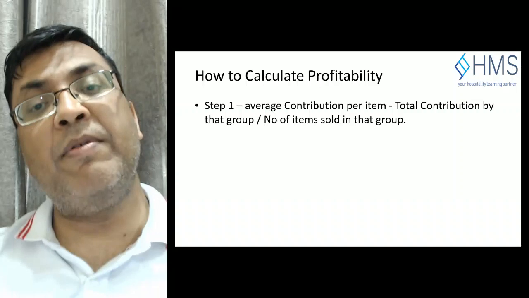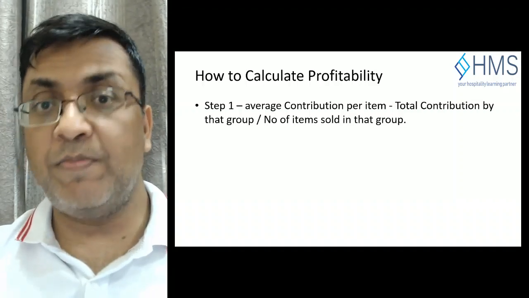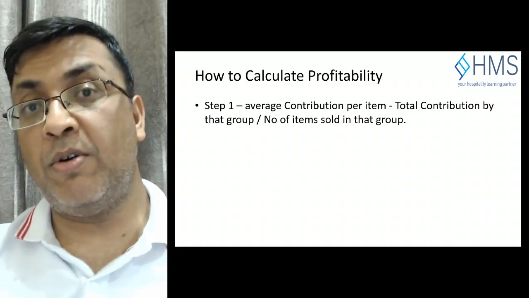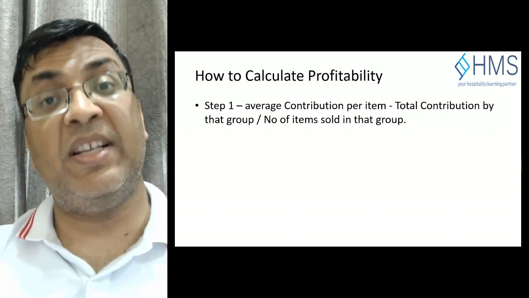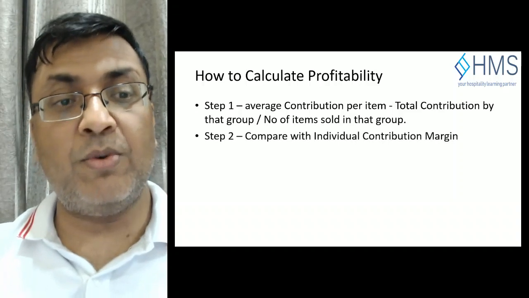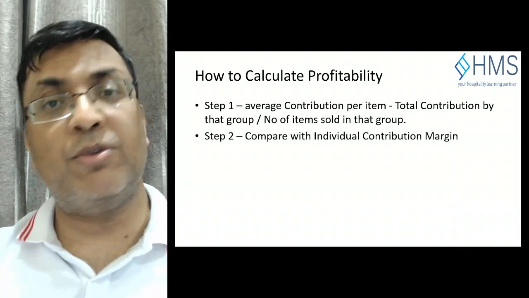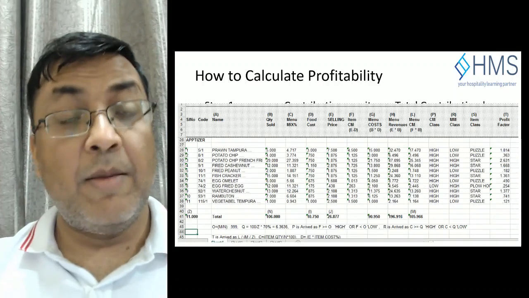Similarly, we will calculate total contribution by that particular group in terms of gross profit, and then divide by the number of items sold in that group to get the average contribution per item sold. We will look at an example to explain this better, and then compare with the individual contribution margin. Contribution margin is pretty simple.